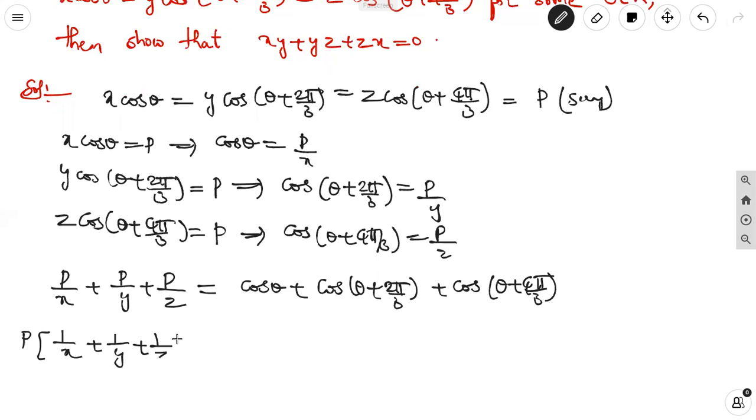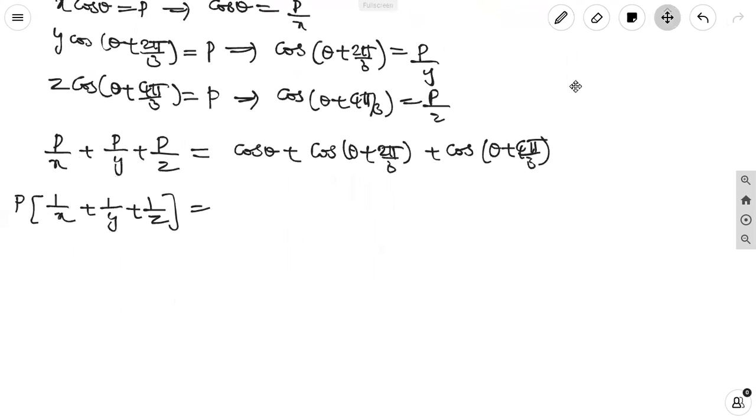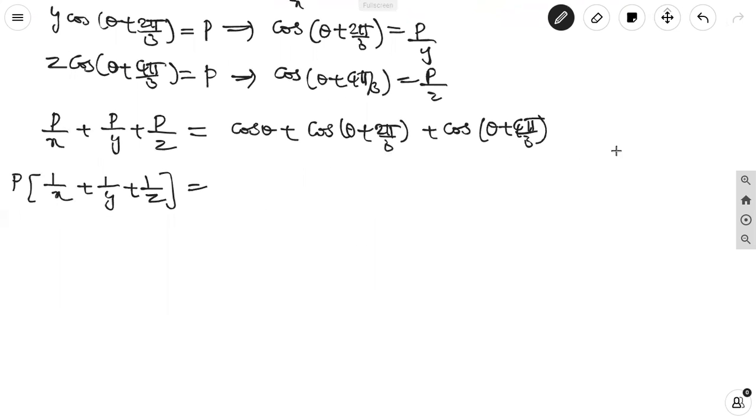equals the right hand side. We are writing 2 pi by 3 as pi minus pi by 3, and 4 pi by 3 we can write as pi plus pi by 3.